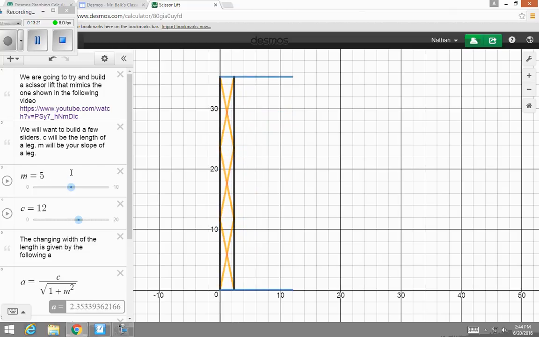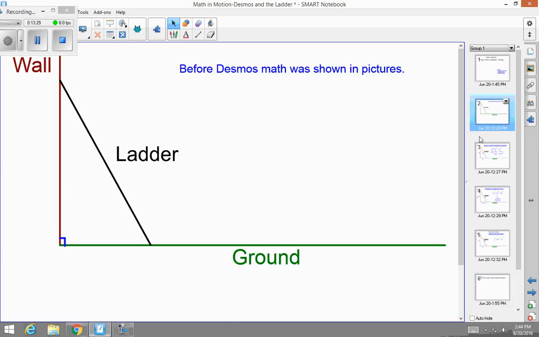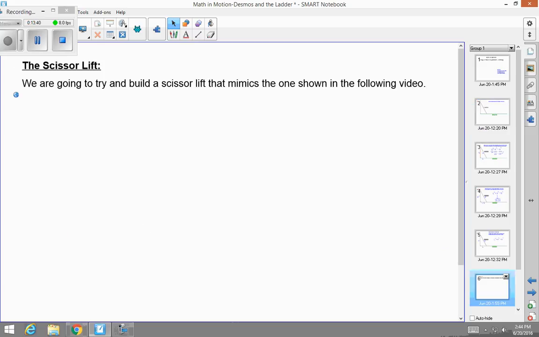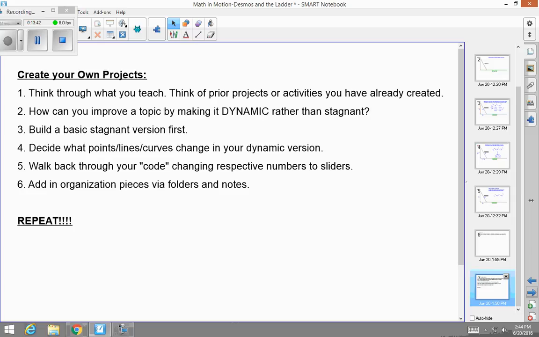Those animations are a little bit more advanced, but that's why it's a whole day event on this professional development, to help us transform basic problems like a ladder next to a wall and animating that to ones like the scissor lift. And by the time we hit the afternoon, my goal is to then have us be able to create our own projects.